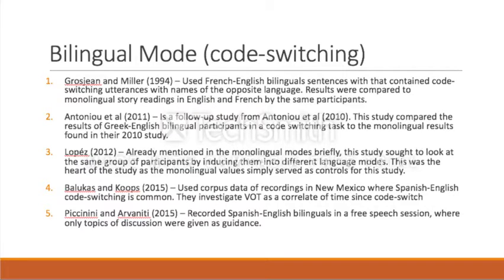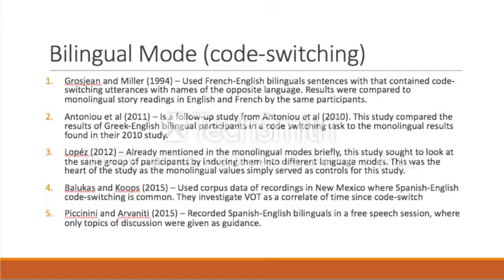The Lopez 2012 study, as already mentioned, had a monolingual collection of VOT data that they used as controls in comparing the same monolingual VOT values that were given in monolingual mode to sentences that were done with code switching included in them, and that was the big basis of their study here.